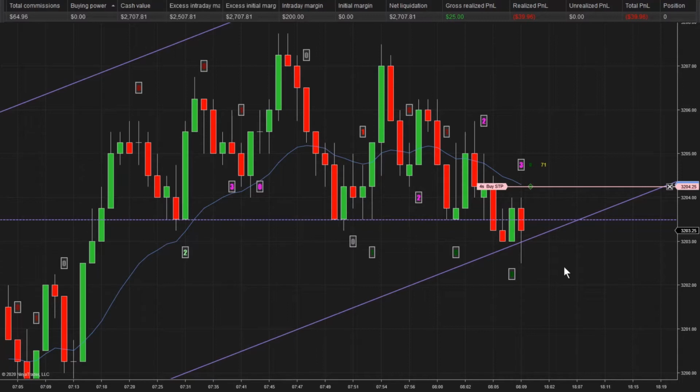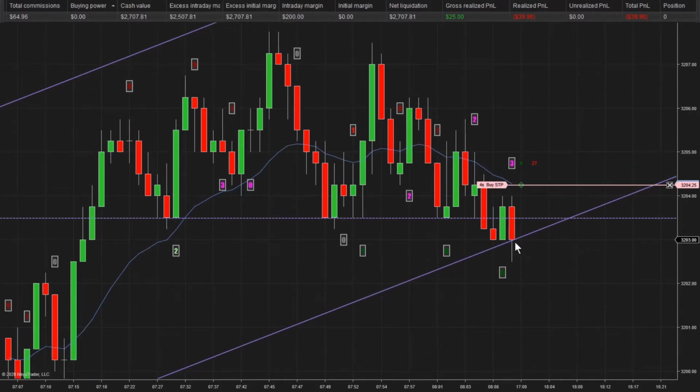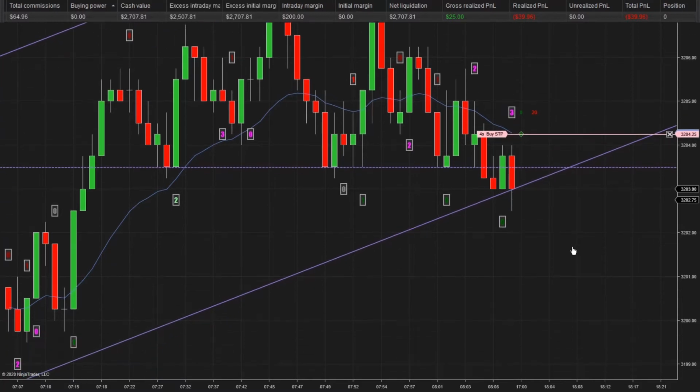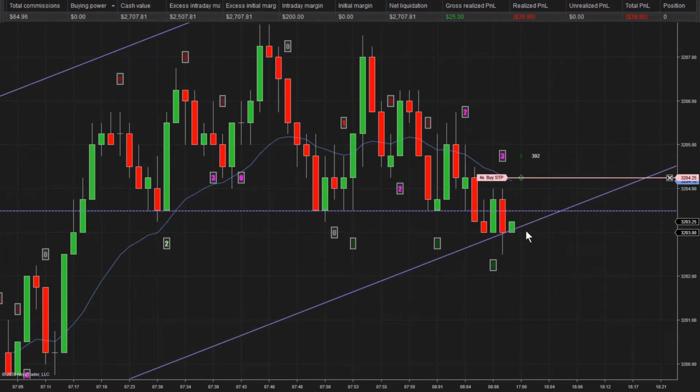So you've got to think like a bear at this moment and a bull at the same time. And as a bull, you're saying, well, okay, it broke down and it wasn't successful. But the bears at the same time were like, okay, we were expecting a breakdown, and if it comes back up into the channel, we are extremely disappointed. This should have flushed, especially with this double top here. So we're riding the channel right now. We are riding it.